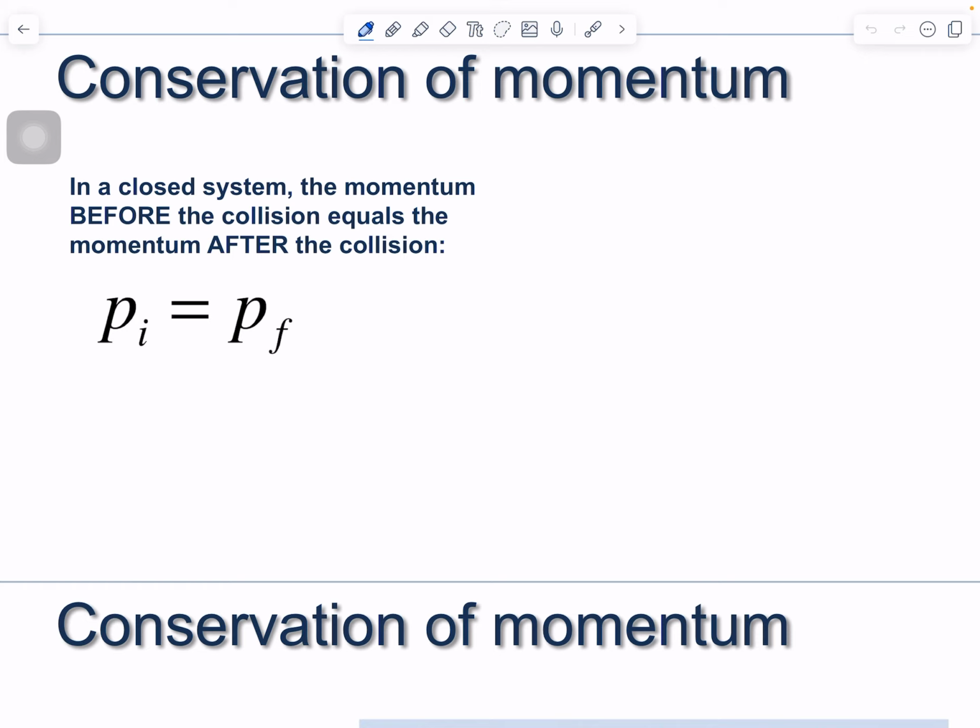All right, so here's a wrap up. Important things to know, that in a closed system, the momentum before the collision equals the momentum after the collision. I'm not sure why, but they're missing the word total. So this is total momentum of all the objects that are traveling before is equal to the momentum of all of the objects traveling afterwards.